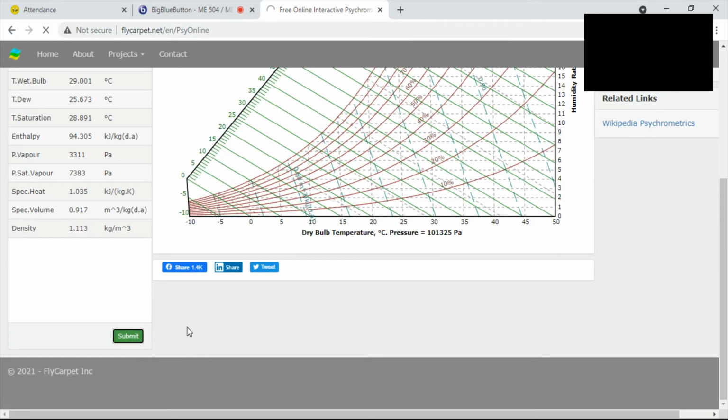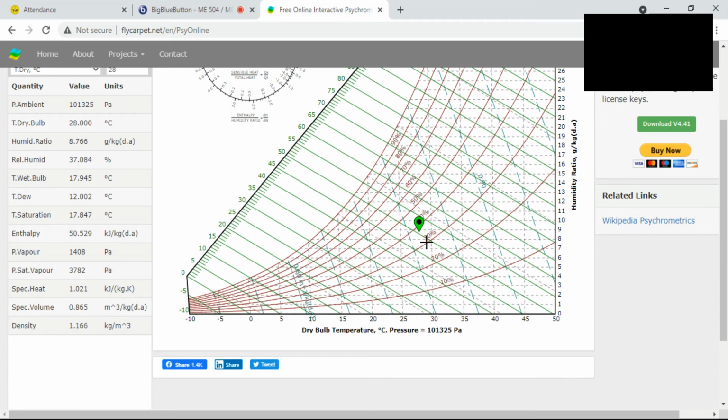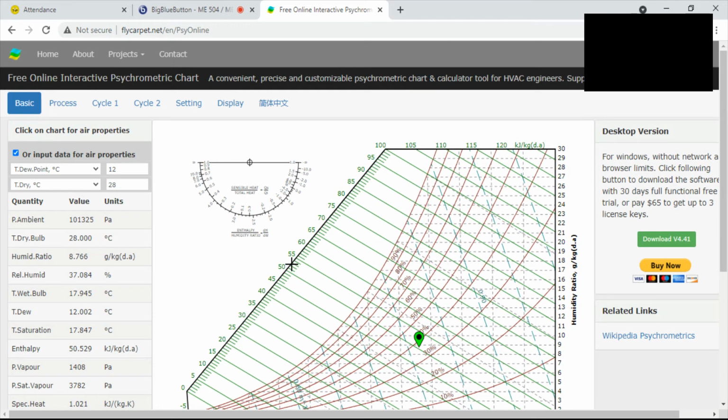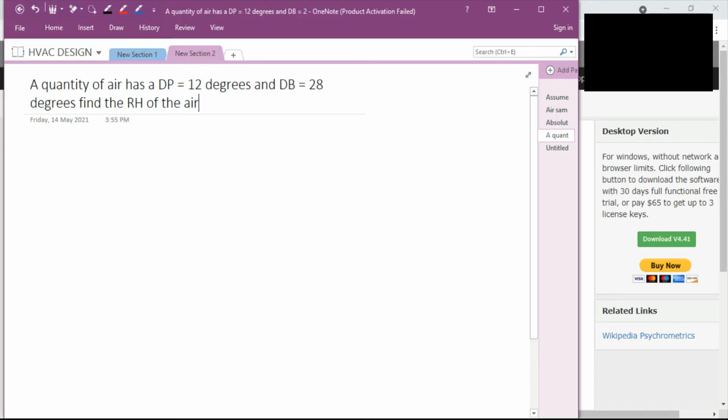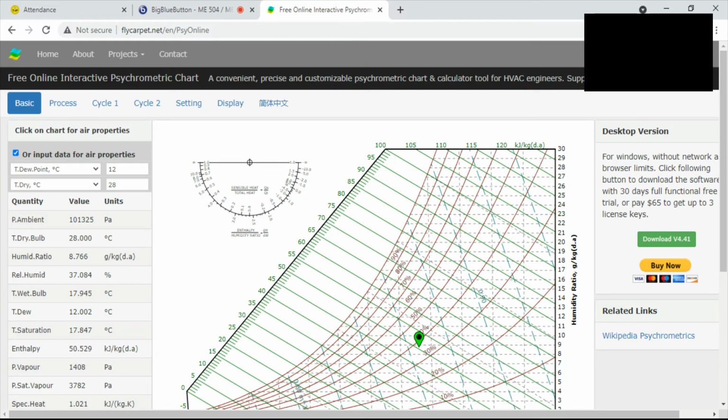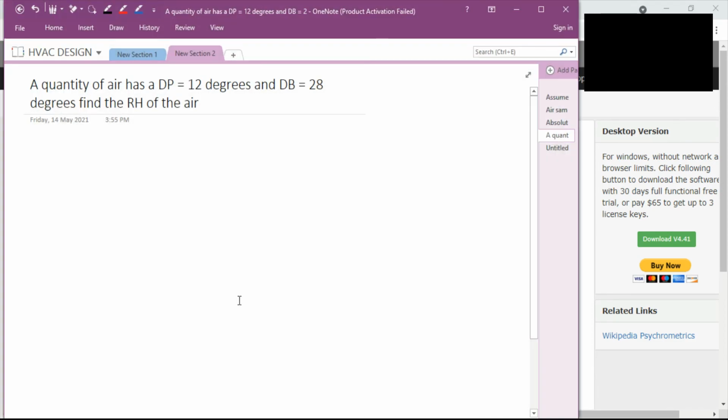Ano bang hinahanap natin, sir? O yun, na-plot niya. We are asked to find yung relative humidity. So, the relative humidity is 37.084. Tignan natin kung accurate ba yung app natin. Lagay natin dito.